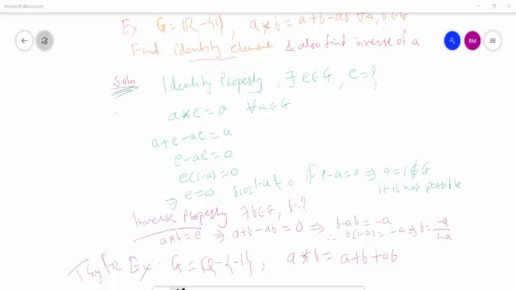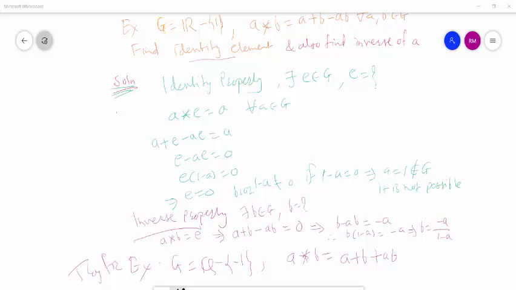First we do the addition, then subtract their product. Suppose a triangle is one element and a rectangle is another, so triangle plus rectangle minus triangle into rectangle, like this. These are any two elements in G. We have to find the identity element and also compute the inverse of A.